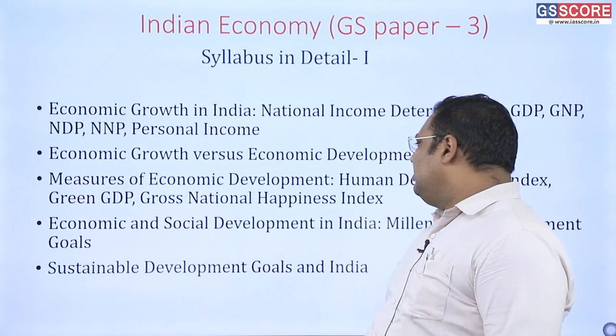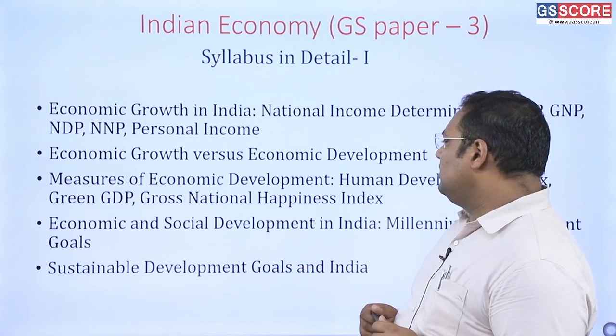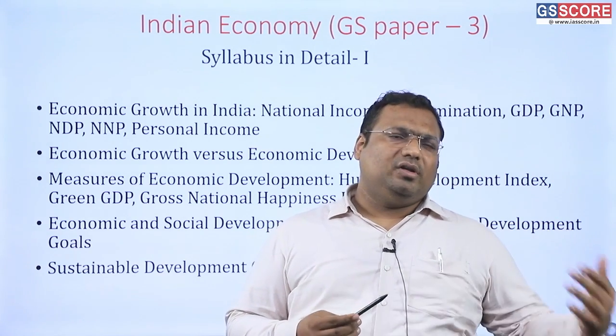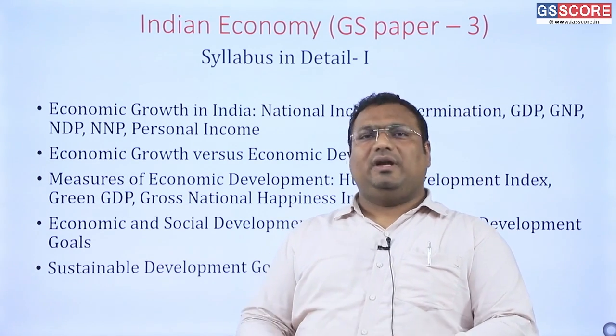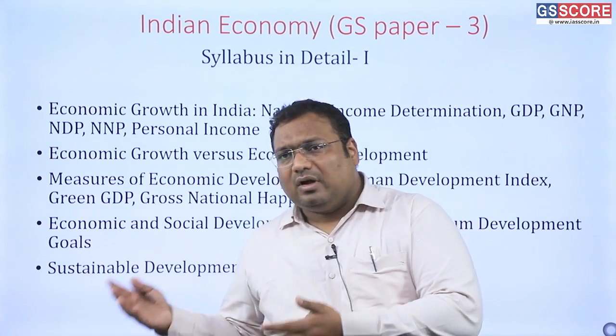And then you need to know what is economic and social development, and that too in the Indian context. How is India performing regarding various social indicators, regarding poverty, regarding environment?